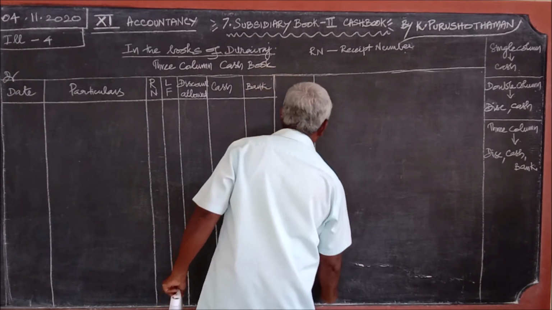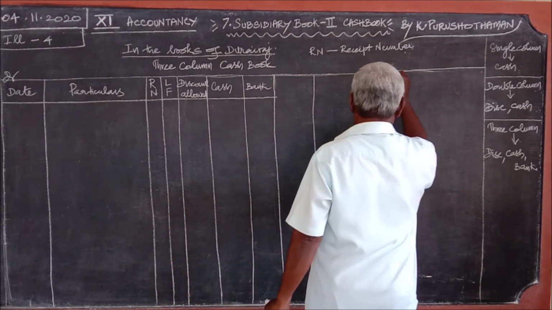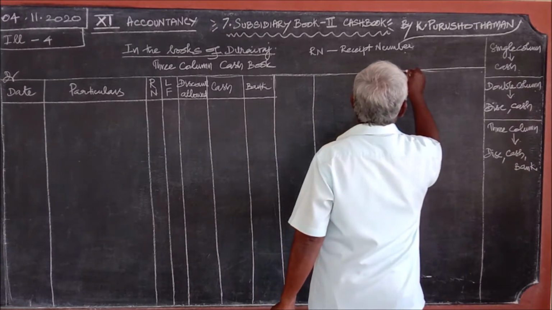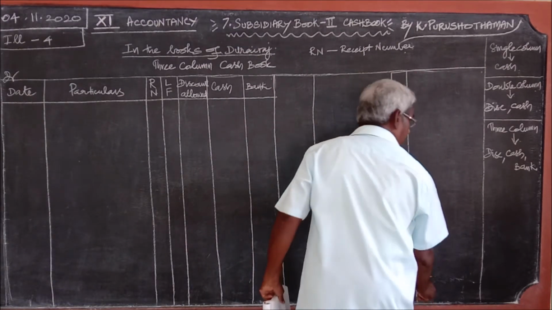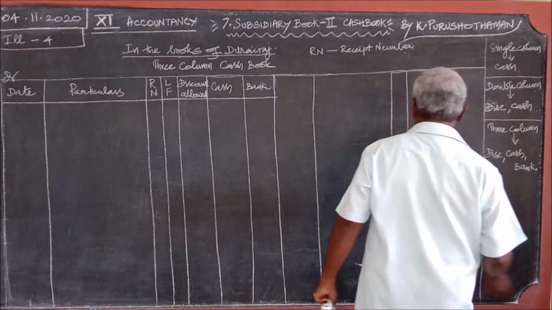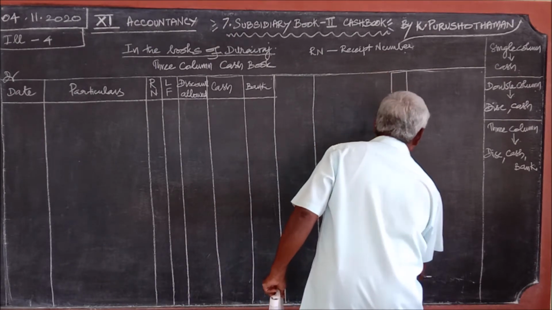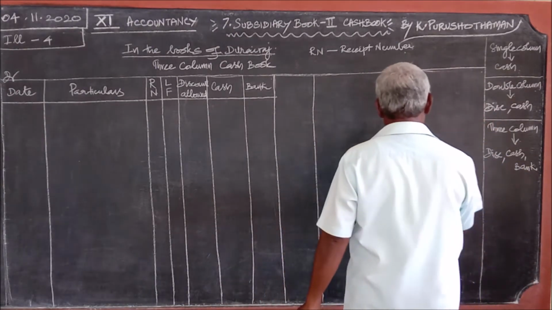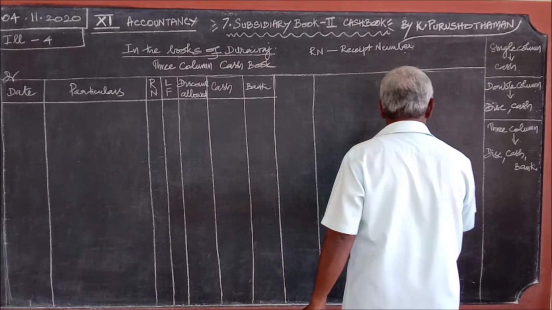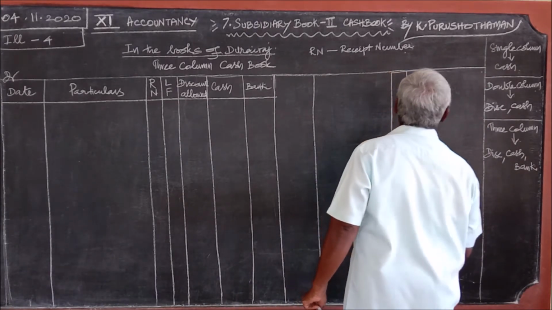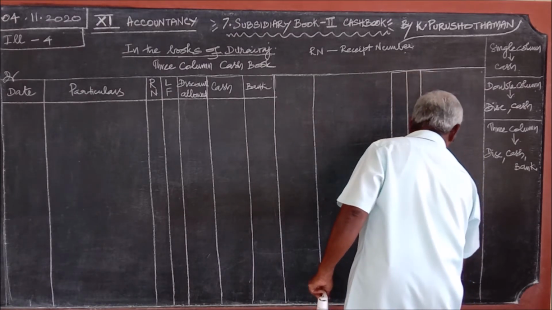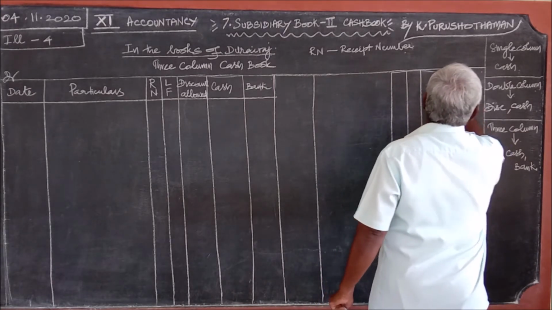Date, particulars, voucher number, ledger folio, discount.